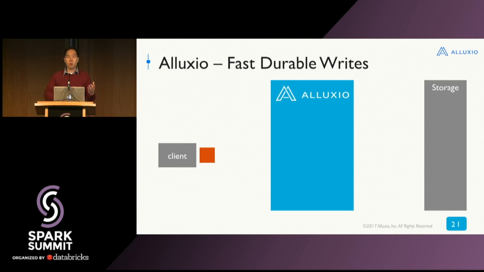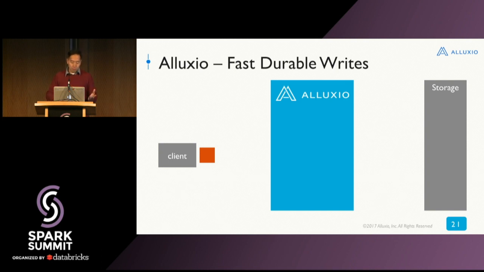Next I'll demonstrate how this works. In this example, we have a storage system on the right, and Alluxio in the middle of the page, and then we have applications and clients on the left. So Alluxio is sitting in the middle between the application and the storage.